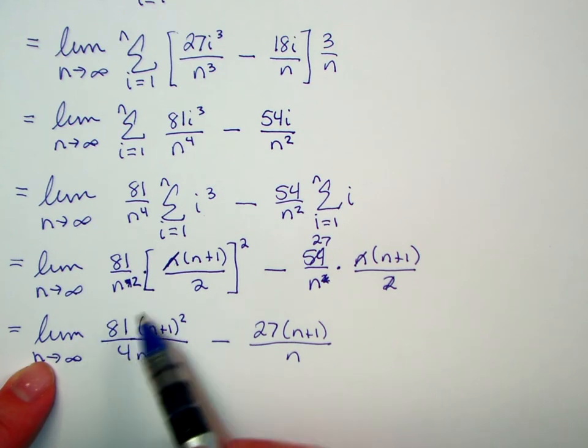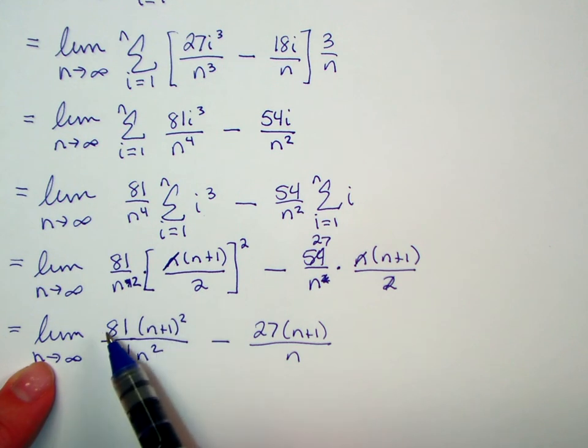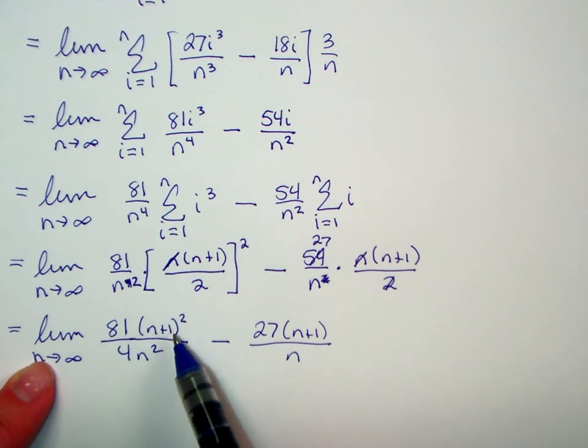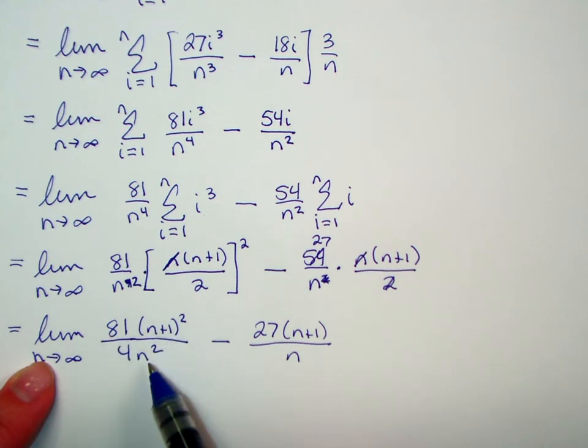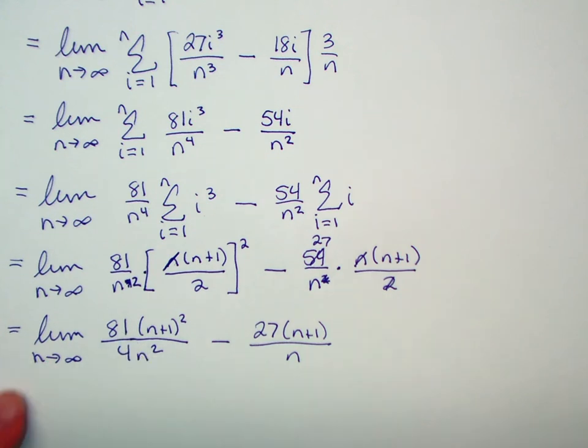And then we distribute the 81 through there. But the leading term here would be 81n squared, right? And on the bottom we have 4n squared. So the highest power on the top and the bottom is both 2. And so when we calculate this infinite limit, we're just going to get the coefficient of the top over the coefficient of the bottom.